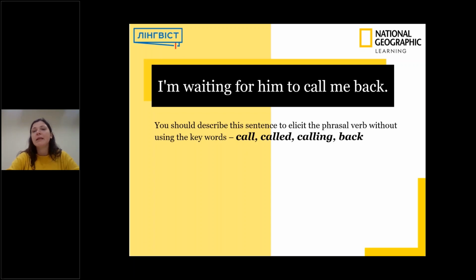Again, your partner won't see the whole sentence. So the idea is to describe all the sentence. So one evening, for example, I am in the room.